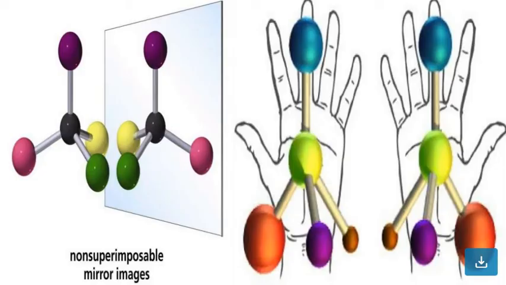Look at this example: your left hand and right hand are not superimposable. So compounds like that are non-superimposable mirror images. If you put one hand on another hand, it is non-superimposable.